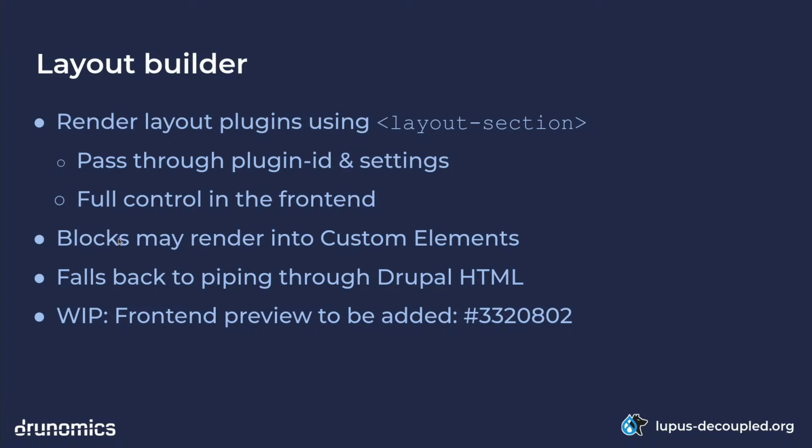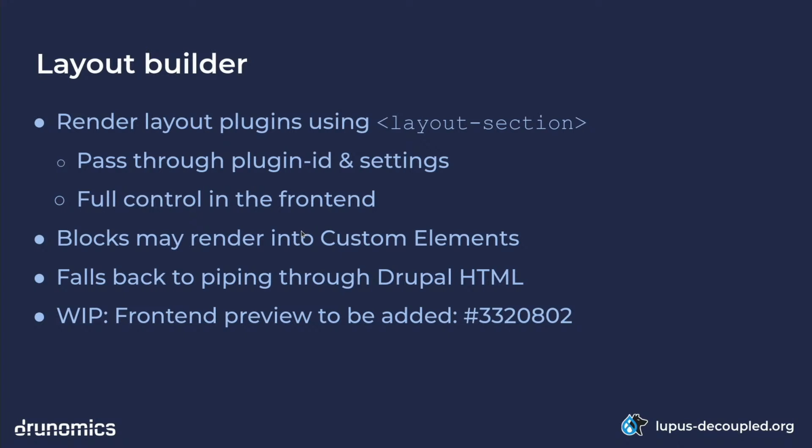And then the individual blocks may render into custom elements. They are just rendered in the pipeline. And then it's really up to the block whether it actually provides custom elements enabled content. If it's custom elements enabled, then it will make sure to keep up the support so it can be serialized into either markup or JSON.